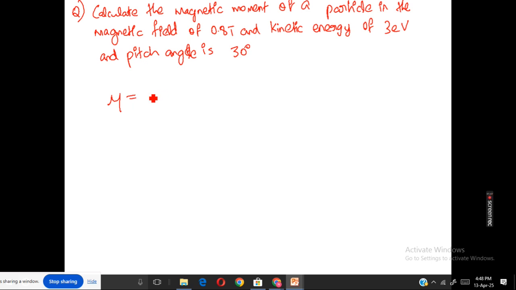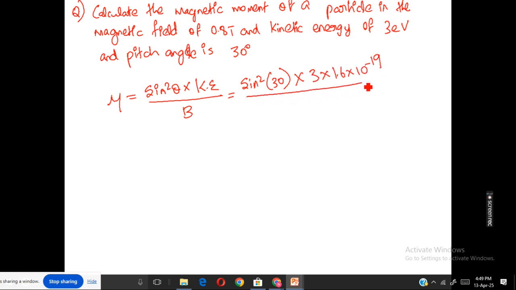Mu is given as sin square theta into kinetic energy by B, which is sin square of 30 degree into kinetic energy, given as 3 electron volt, which is 3 into 1.6 into 10 raised to minus 19, divided by B, which is 0.8.